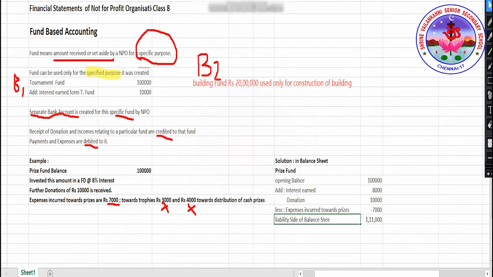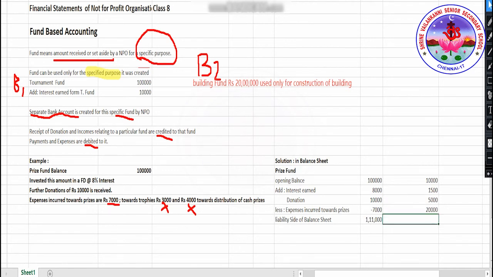Now imagine the same thing with one more situation. Opening balance, let me take an imaginary figure, 10,000. Interest earned is 1,500, and you have 5,000 as donation received. But expenses towards prizes for that particular year are 20,000.